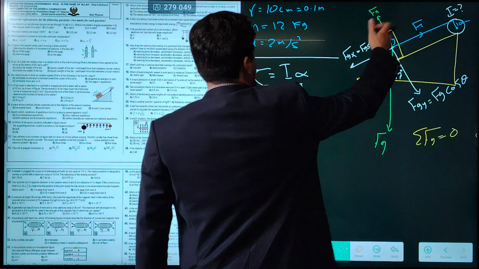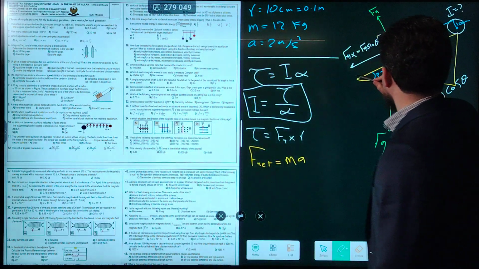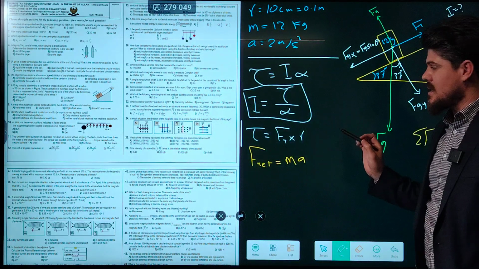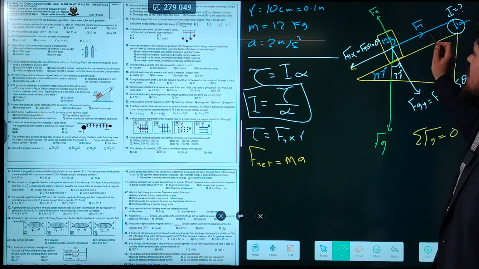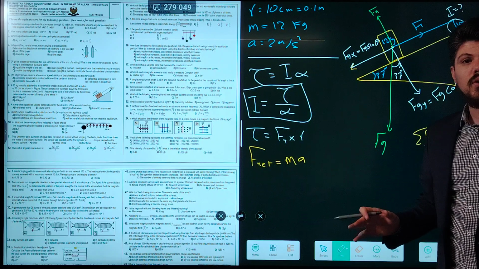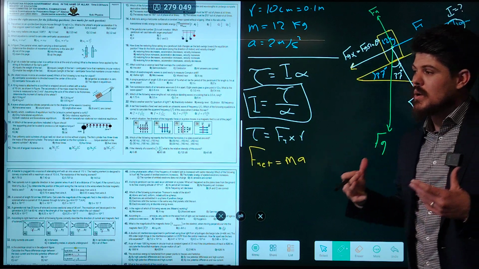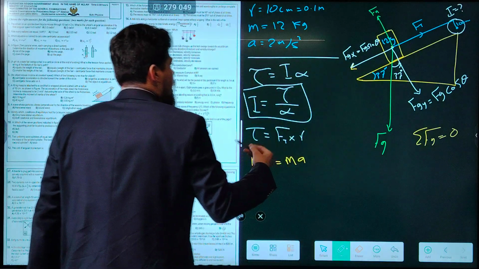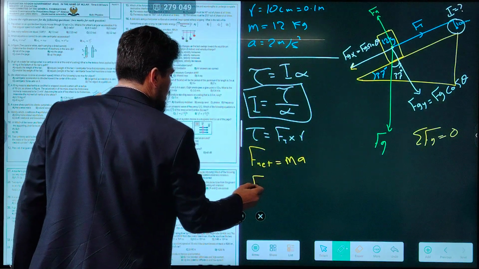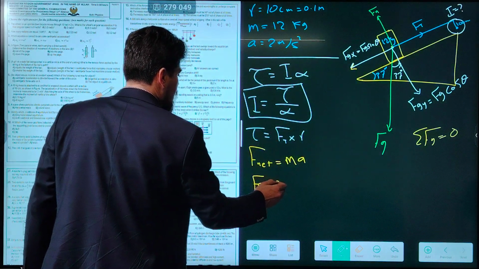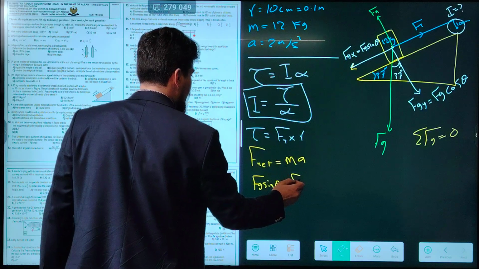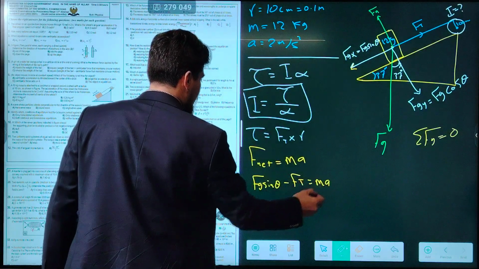How many forces do we have on the x-axis? Absolutely, we have two forces, Ft and Fg sine theta. Are these two forces in the same direction or opposite direction? Of course, they are in opposite directions. So that is why we have to subtract them. It's going to be Fg sine theta minus Ft equal to Ma.